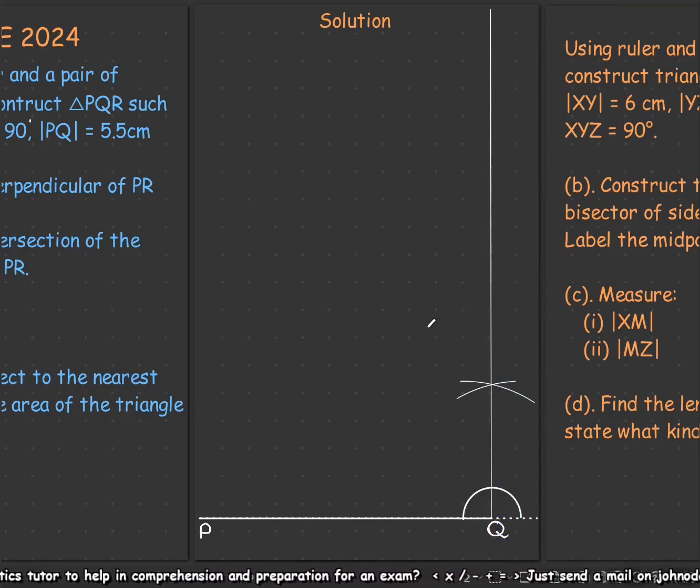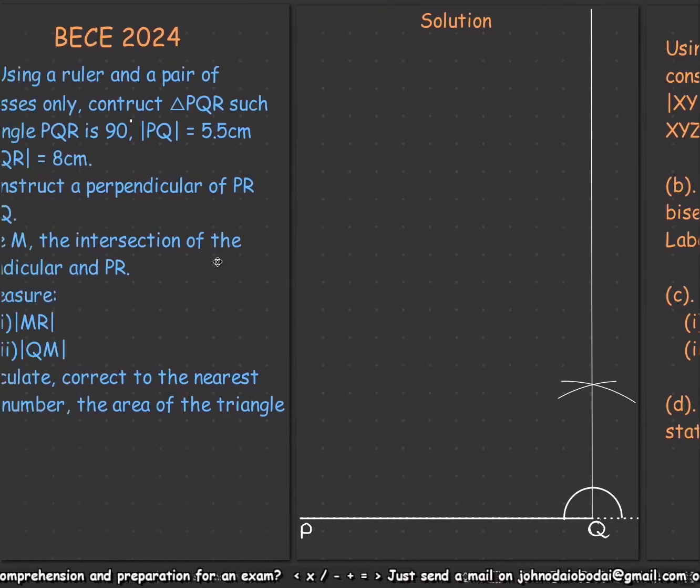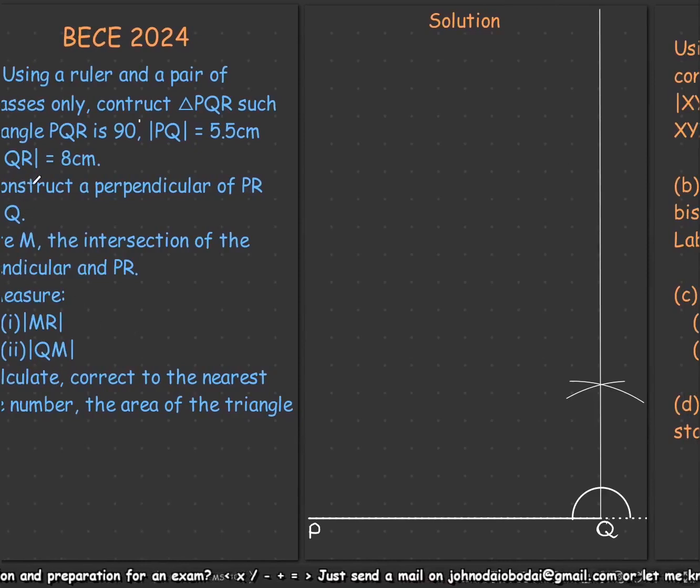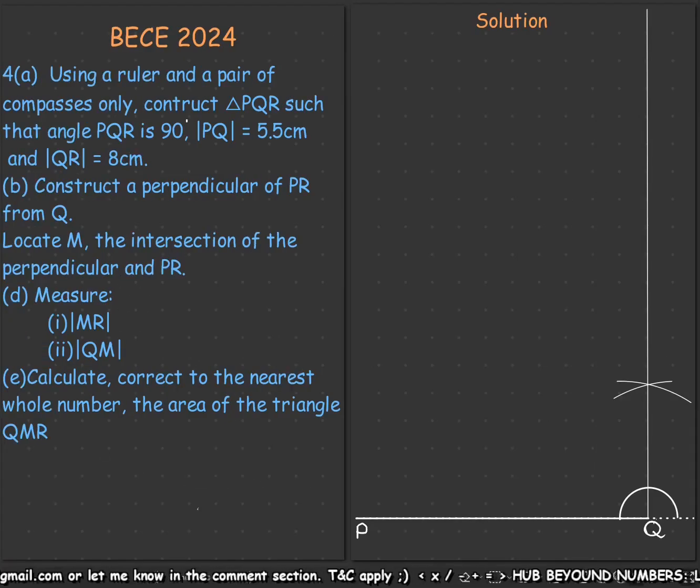Now you need to take note that Q extends to R, and that is where we are going to get our 8 centimeters. So that explains why I made this line very long.